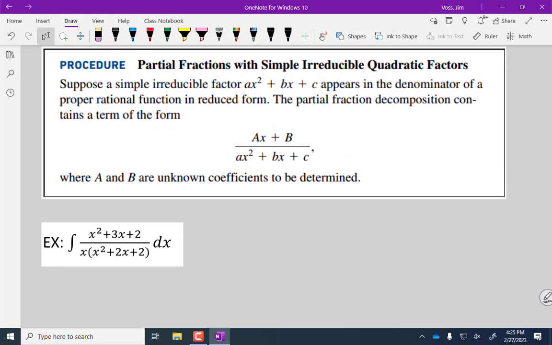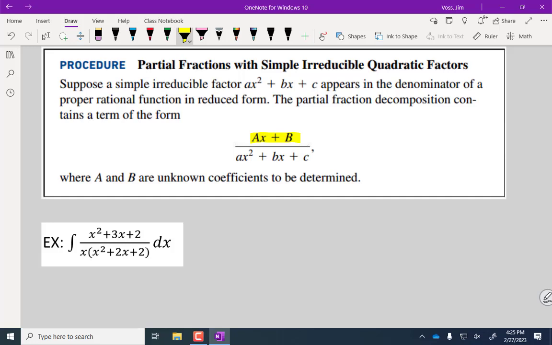Okay, so if we have an irreducible quadratic factor, this is what the partial fraction looks like: a linear expression on top of the irreducible quadratic. That's it. The big difference is that when you have a linear factor in the denominator, you have a constant up top.